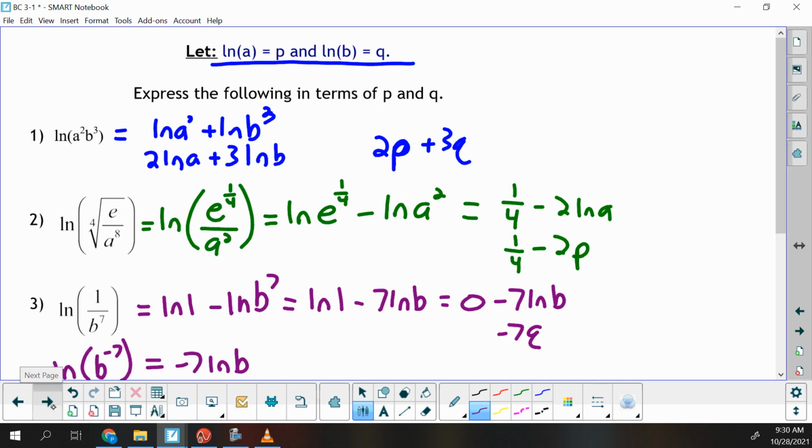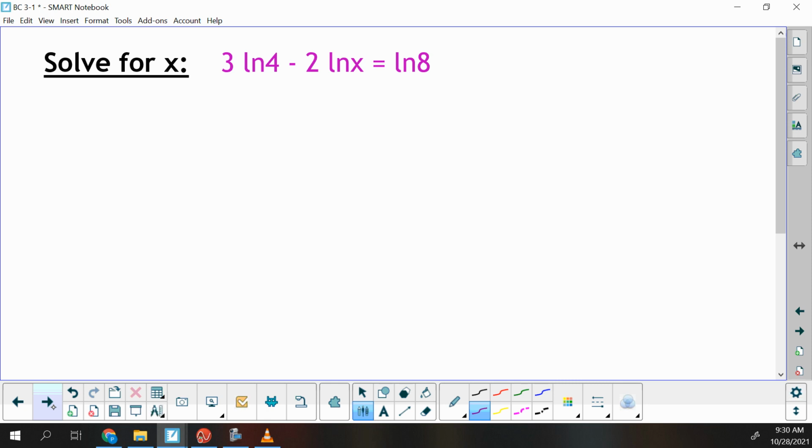Going to the next page, something else you saw last year was solving log equations. If everything had a log, you wanted to get one log on each side, and then set the insides equal to each other. So we can bring these exponents back up. This will be natural log of 4 cubed, which is just 64, minus natural log of x squared equals natural log of 8.